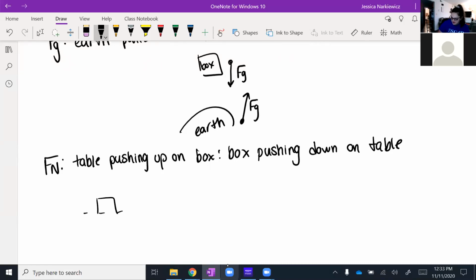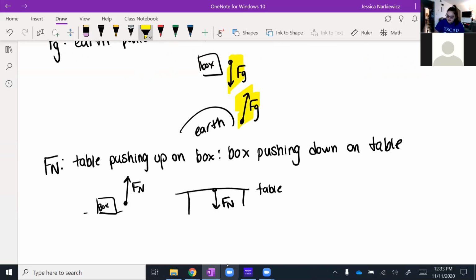So if this is our box and that dashed line represents the table, we have this normal force upwards from the table. So if I was to draw a free body diagram for the table, I would have an equal in magnitude but opposite in direction normal force pointing downward, okay? Where the forces that I've drawn, I think my arrows are a little bit different, but those forces are all equal to each other.